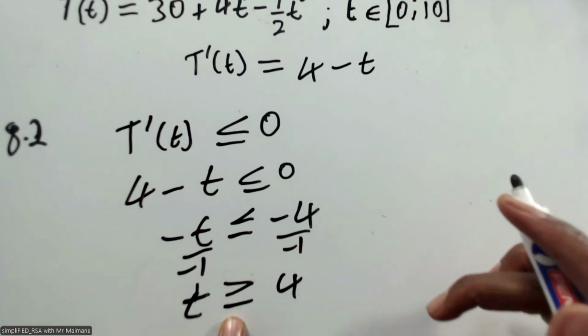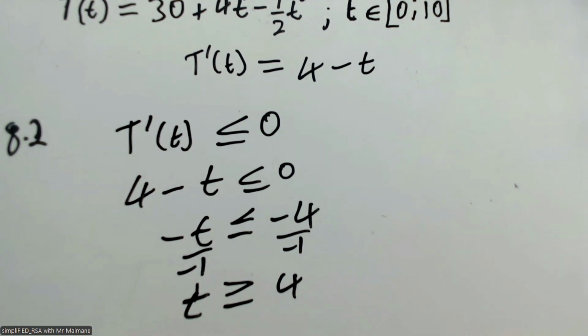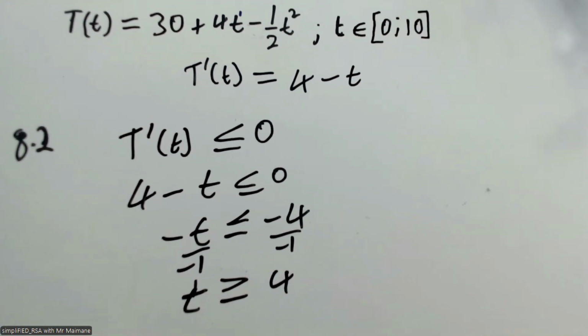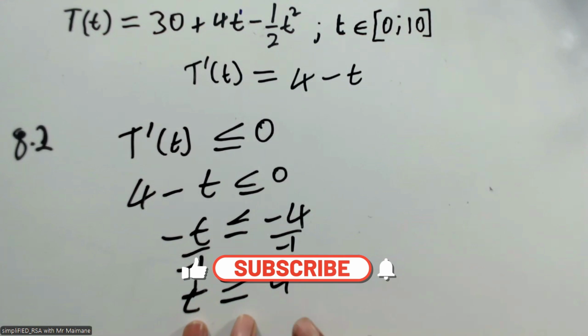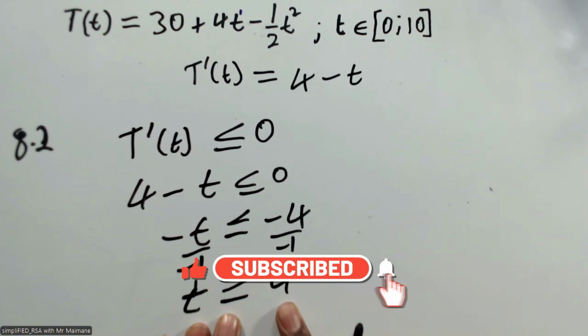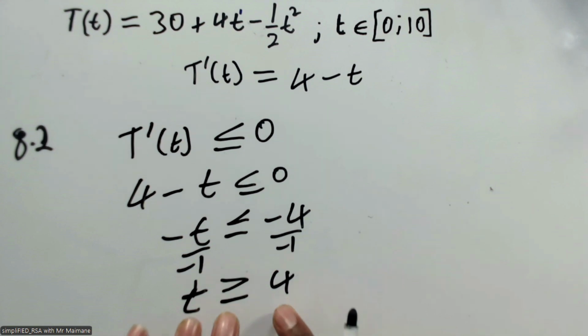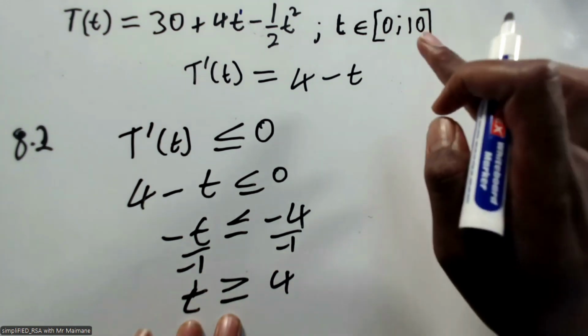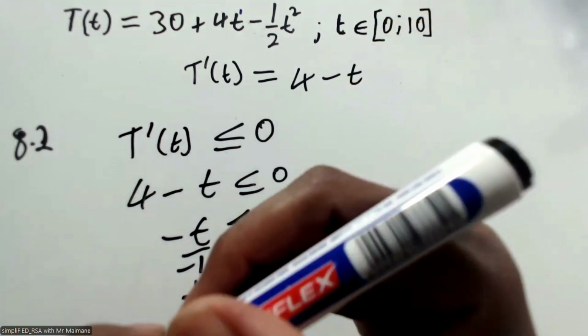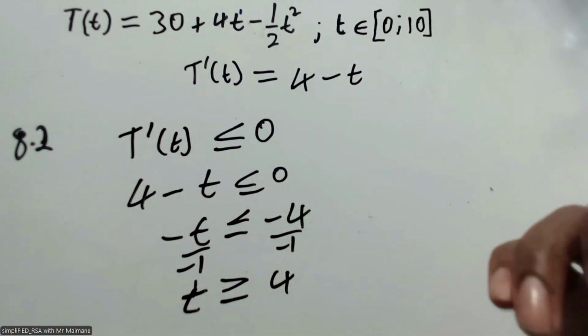So now we can safely say when t was greater than 4, that's when the temperature was decreasing.